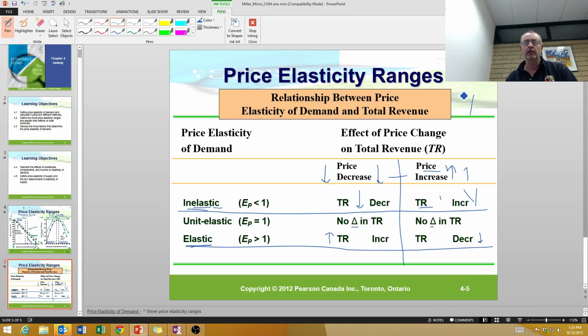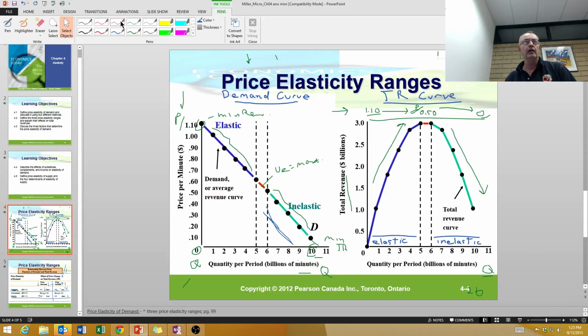So this little table on this slide exactly corresponds to this chart of the total revenue curve. Anyways, I just find it easier to plot the price axis on this total revenue chart.